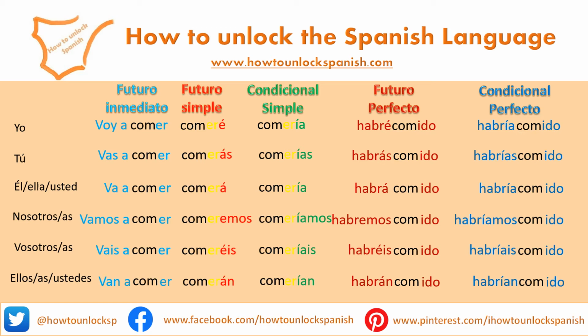So instead of I am going to eat, we can use the future, el futuro simple, which is I will eat. So instead of I'm going to eat, which is voy a comer, you may say I will eat. And that's comeré. So for the futuro simple, as well as for the conditional simple, you can see in yellow, we don't remove er, we don't remove the infinitive ending.